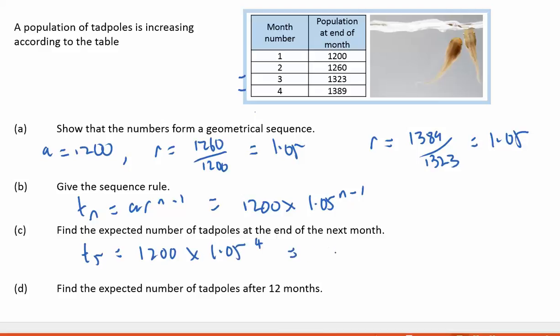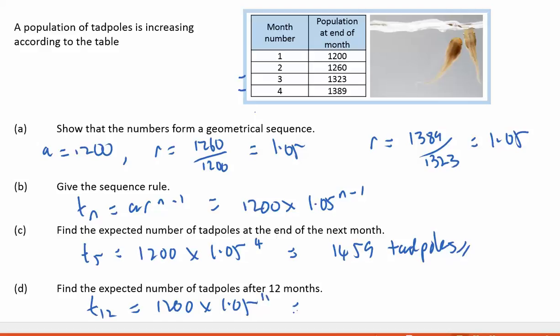And when we do that, 1459 tadpoles. Number of tadpoles after 12 months in a similar way. 12 take 1 is 11. And I get 2,052 tadpoles.